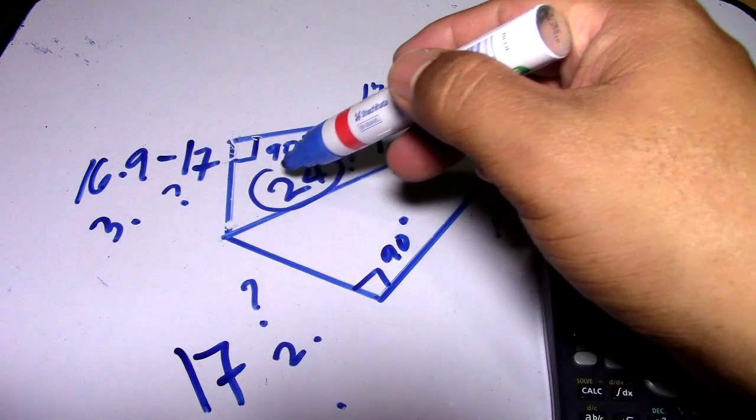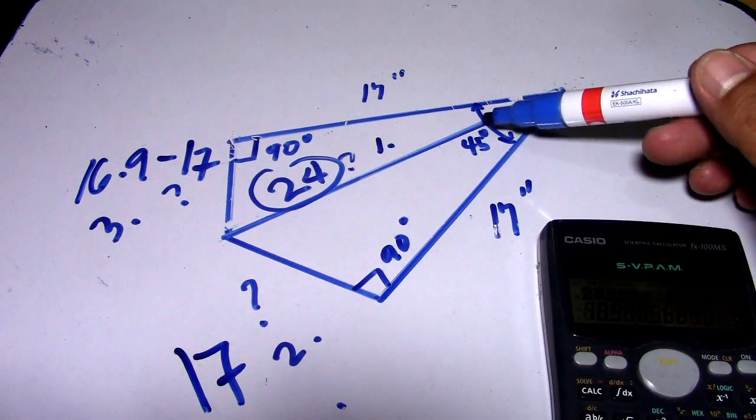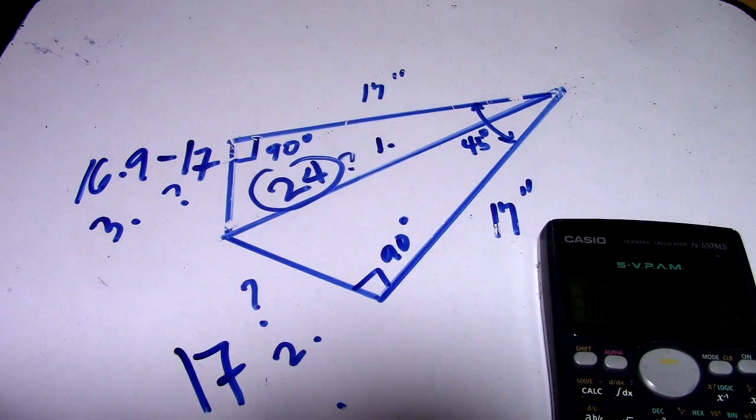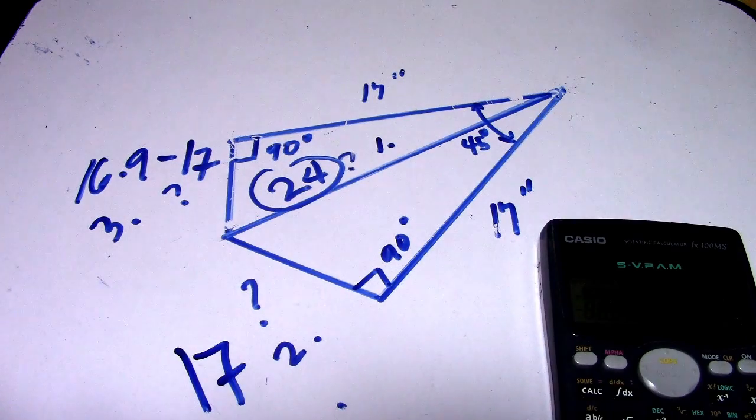Our answer for the diagonal is 24, since we have a given of 45 degrees. Okay, guys, don't forget this very important 1.414, and the formula to find the set: travel multiplied by sine.